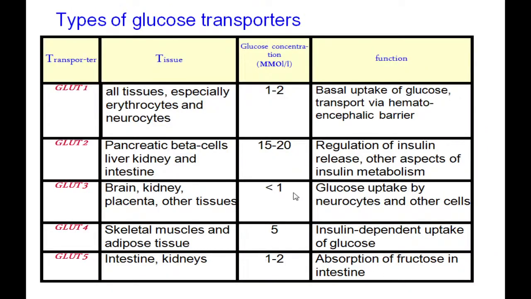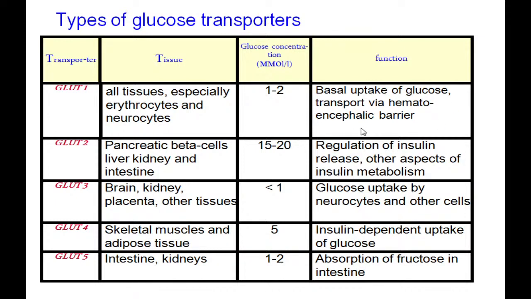Nowadays, we distinguish several types, as you see, of glucose transporter: 1, 2, 3, 4, 5, localized in different tissues. GLUT1 in all tissues, GLUT2 pancreatic beta cells, GLUT3 brain, kidney, placenta, and so on. Subtypes of glucose transporter are localized in different cells.